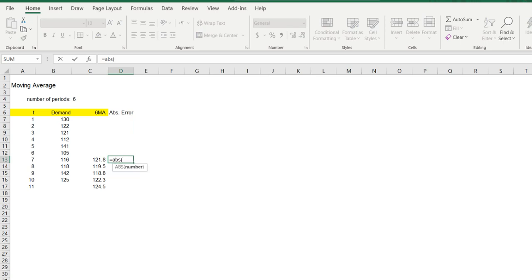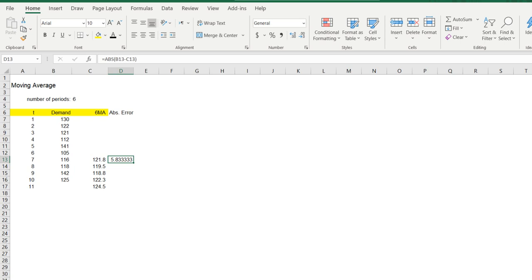Absolute value of what? Of this number. So I'm pointing and clicking to that cell, minus this number. Close paren, and enter. And there we have it. See that?